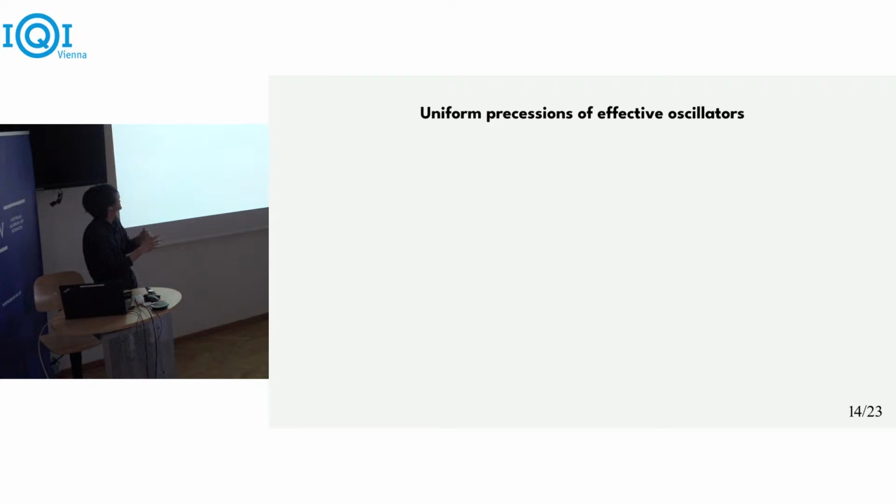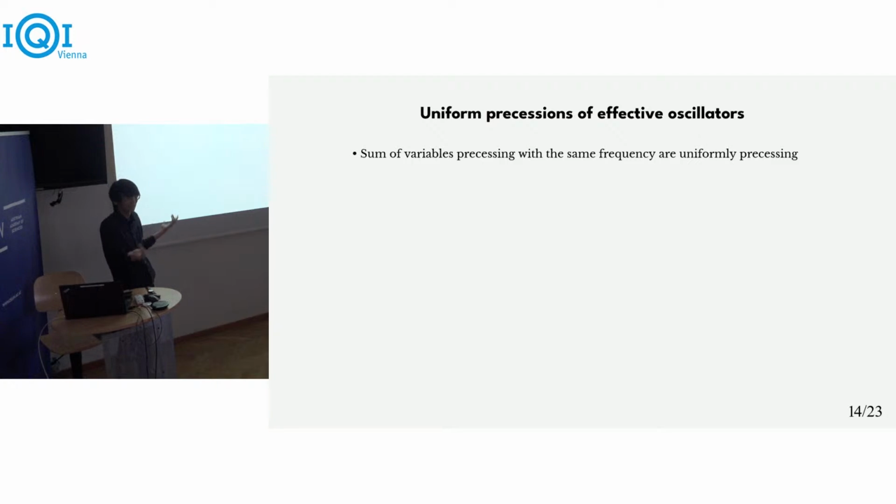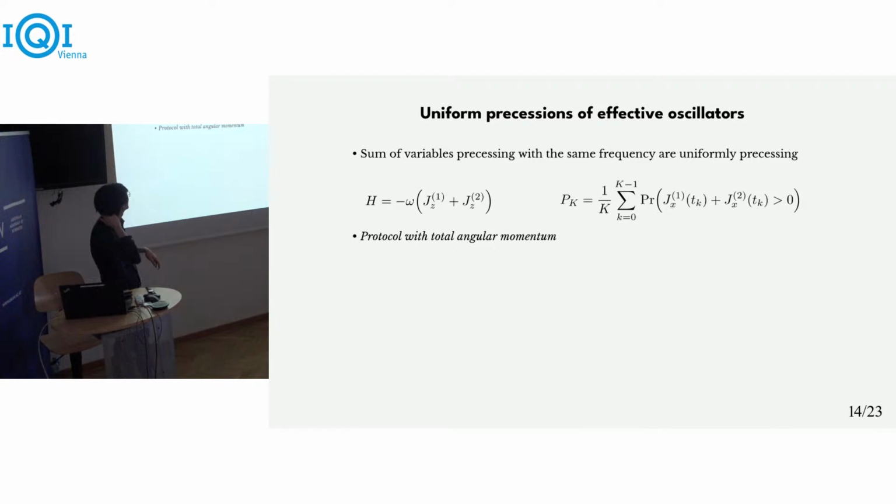You could have some kind of effective oscillator, because if you have two precessing variables and you add them up, it's still uniformly precessing. So for example, if I look at a system which has two different spins, but with the same frequency along jz, then you can perform this protocol with the total angular momentum. And what you find in that case is that if you maximally violate this protocol, you will find that it's always entangled. So somehow, just for free, just by looking at composite systems, you get some kind of entanglement witness.